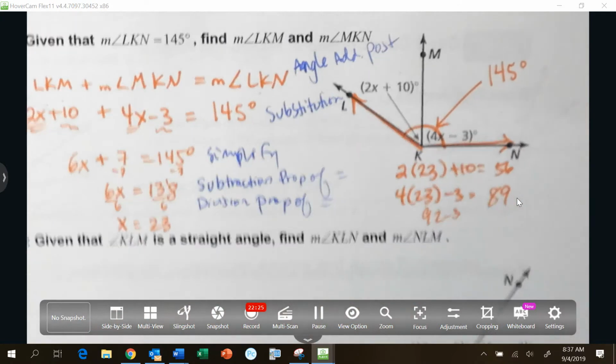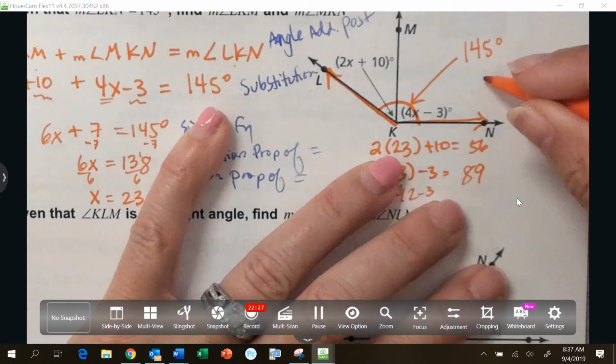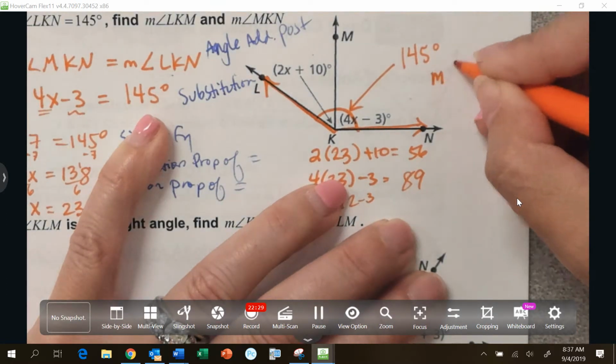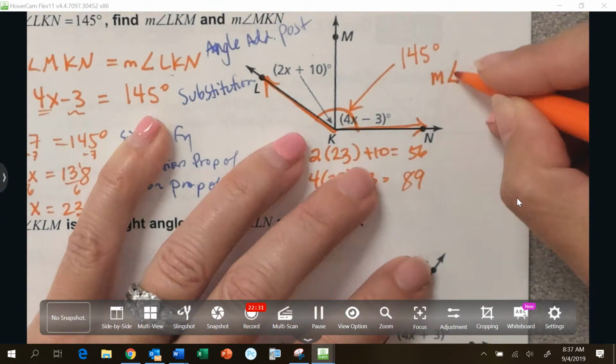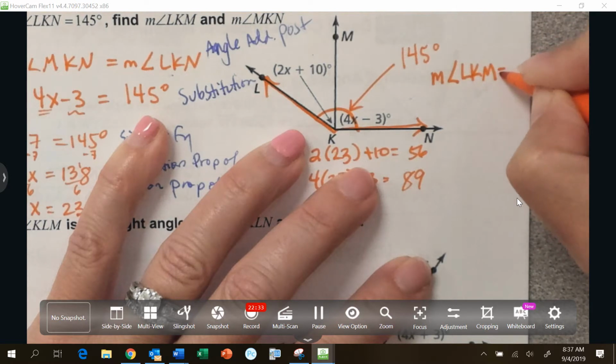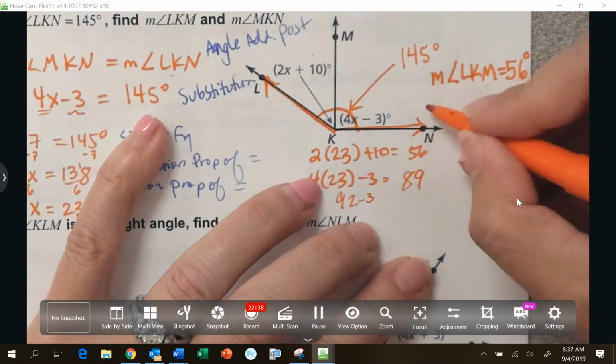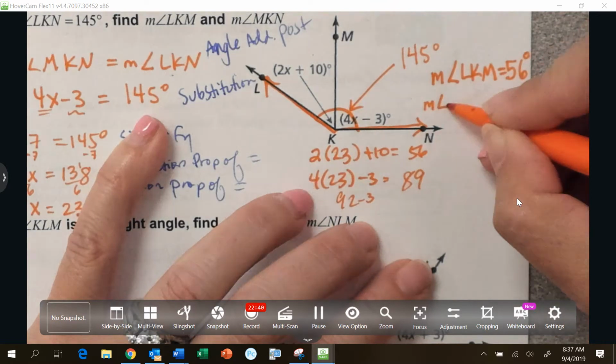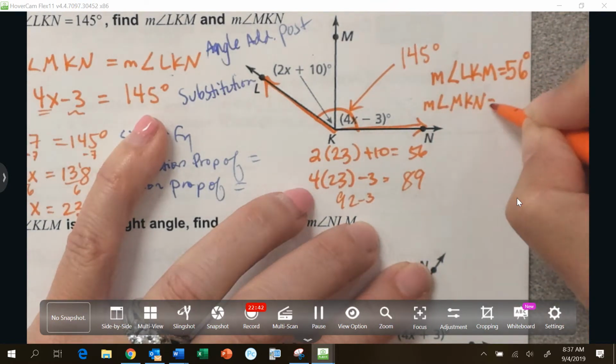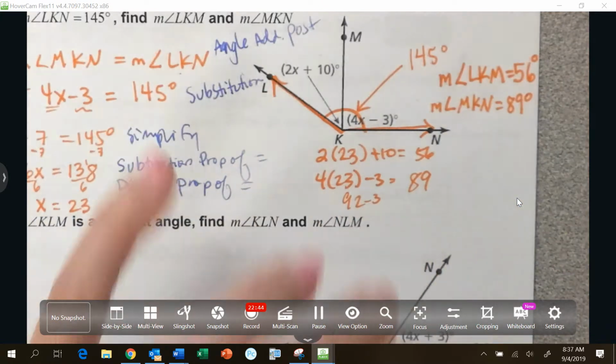All right, when we write our answer, we're going to write the measurement of angle LKM equals 56 degrees, and the measurement of angle MKN equals 89 degrees.